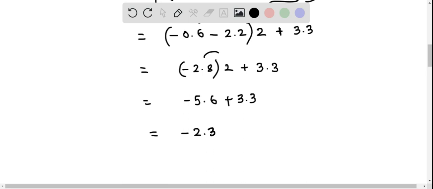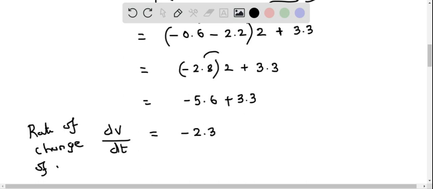We put this unit, since this represents dV by dt, that is the rate of change of volume, and this equals negative 2.3. We put the unit as centimeter cube per minute, because the unit of volume is centimeter cube as given in this question. The unit is all in centimeter, so we put the unit of volume as centimeter cube, and for the time it is minutes.